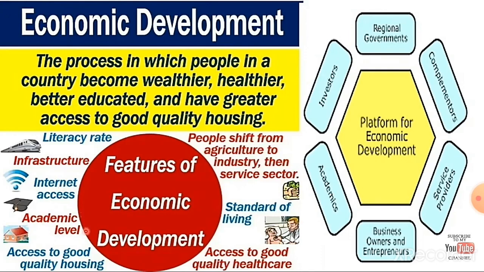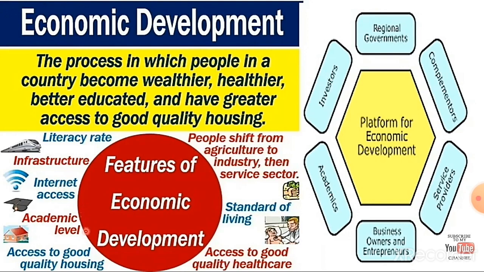Next, economic development. The process in which people in a country become wealthier, healthier, better educated and have greater access to good quality housing. So, when the people in the country get all their basic needs, then only it is considered an economically developed country.